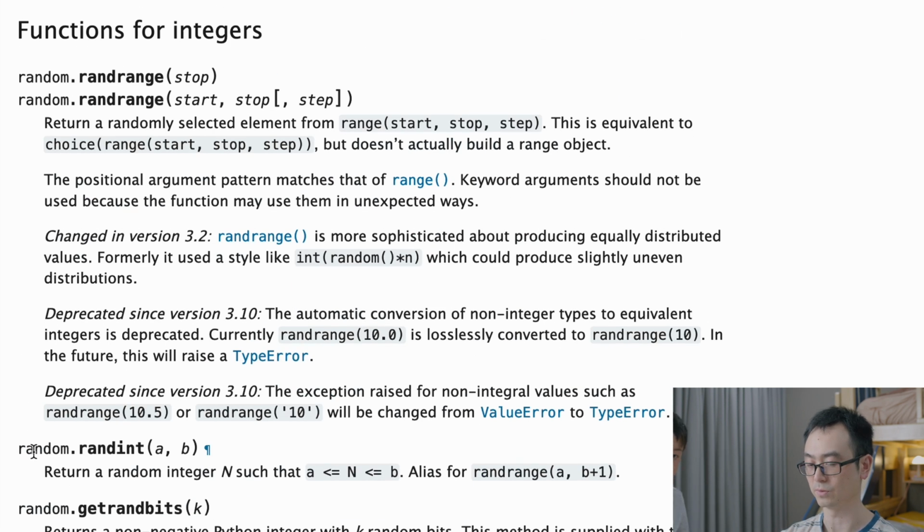Basically, the function we will use here is random.randint. It will generate an integer between the A and B you pass to it. Okay, so it will generate a random number. So if you say randint 1, 10, it will give you a random number between 1 and 10. That's very useful today when we need to make the game.